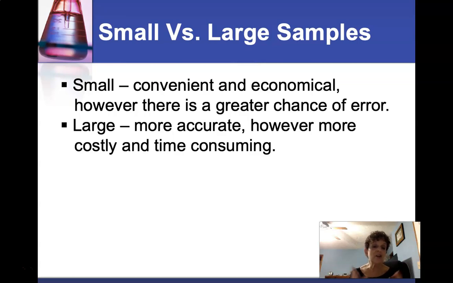And then if you have a huge sample that's overly large, it is going to be more accurate because you have sent this information out to a much larger subset of the population. However, it is going to be very costly to do that, and it's going to be very time consuming.